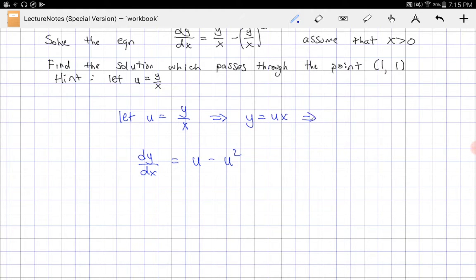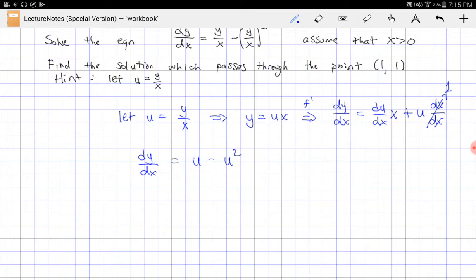So we effectively get dy over dx equals, by chain rule, u prime x plus x prime u, which is du over dx times x plus u times dx over dx, which is just equal to 1.